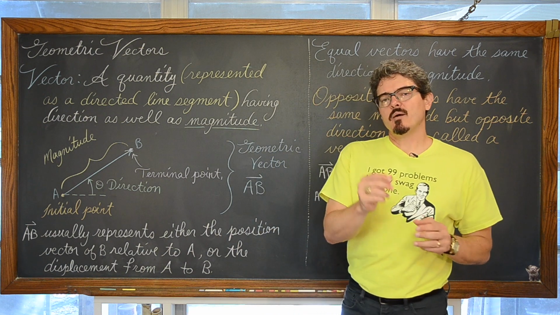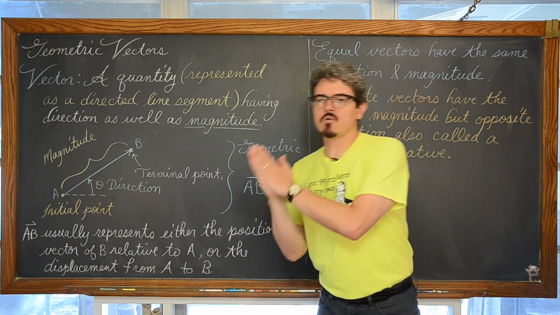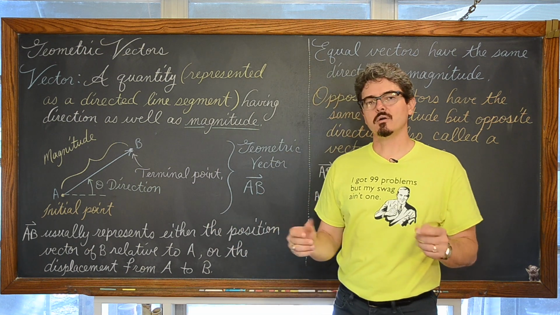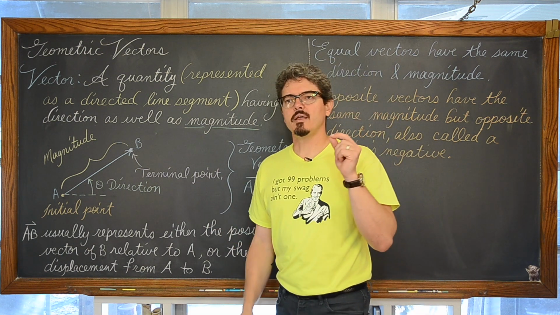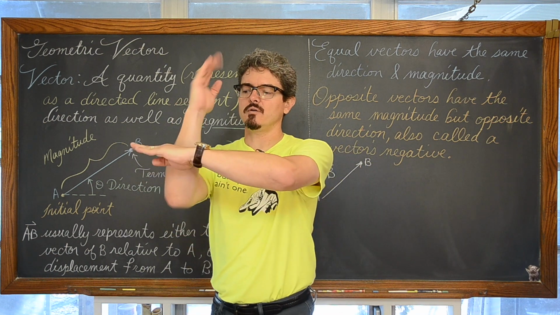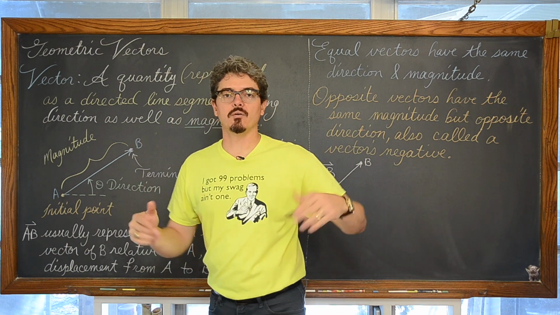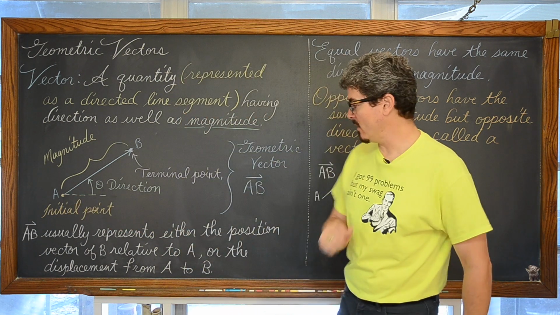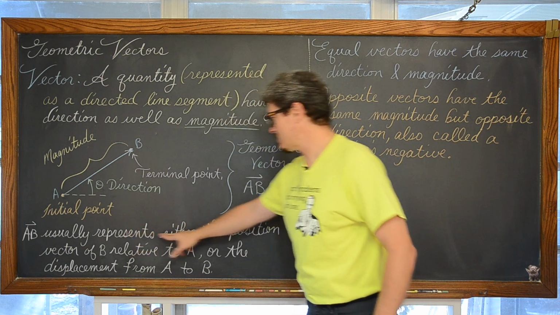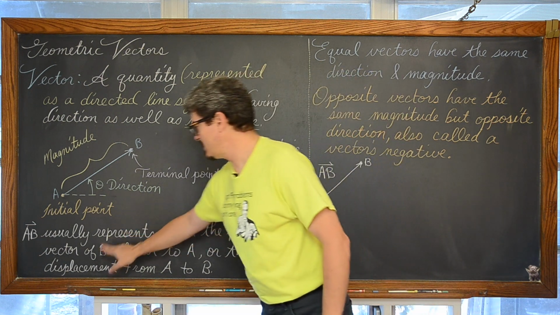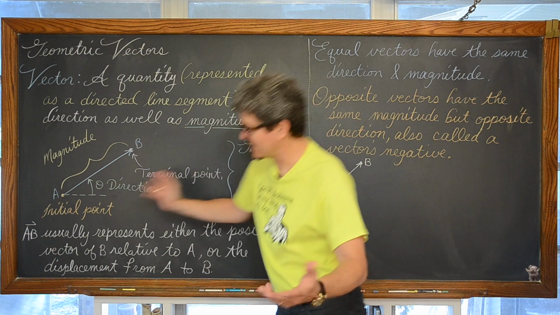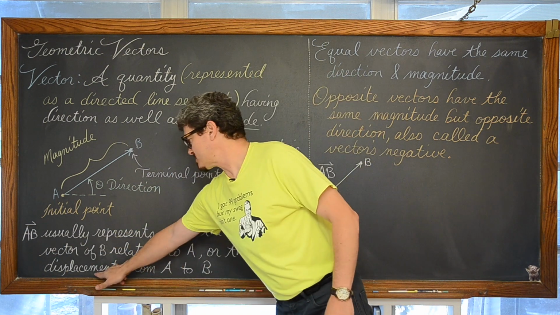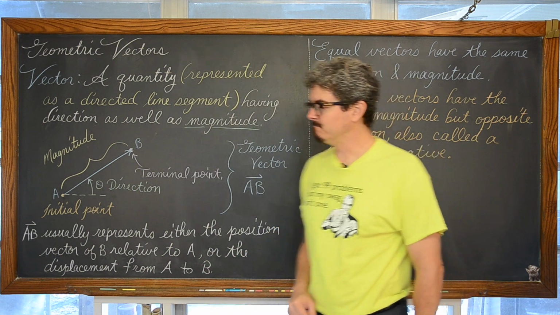And that's where you have to remember that while a coordinate, say, of (2, 3) and vector (2, 3) look similar, when you want to plot a coordinate, you have to start at the origin of (0, 0) and then move left and right and up and down, just like with the vector. But with a vector, that initial point can be anywhere. That's why we say that this vector represents either the position vector of B relative to its initial point A, or the displacement from A to B.